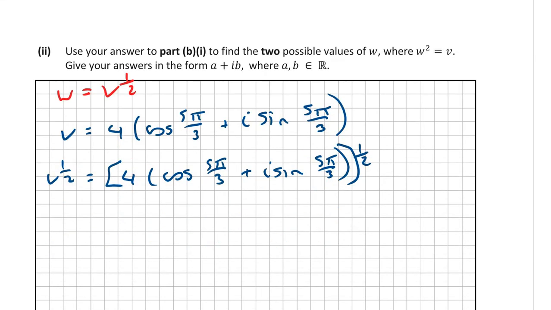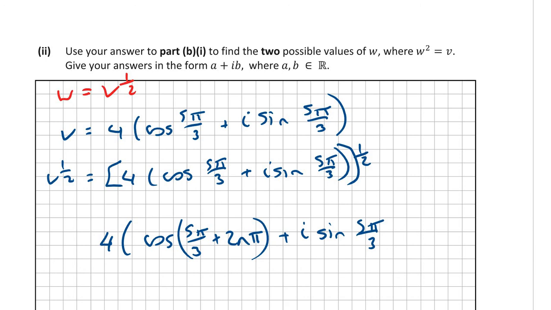General form would be 4 cos 5 pi over 3 plus 2n pi plus i sine 5 pi over 3 plus 2n pi.